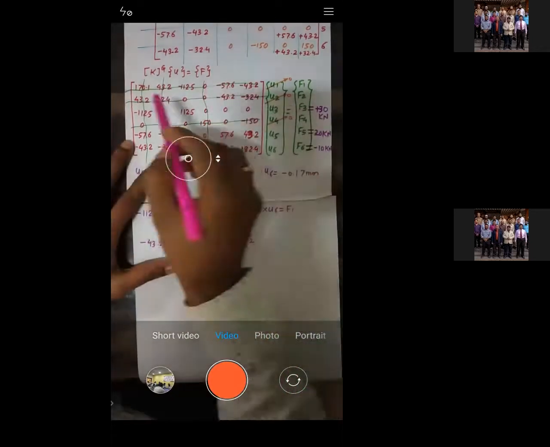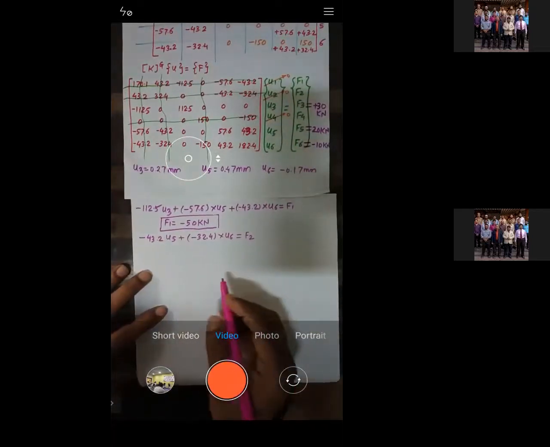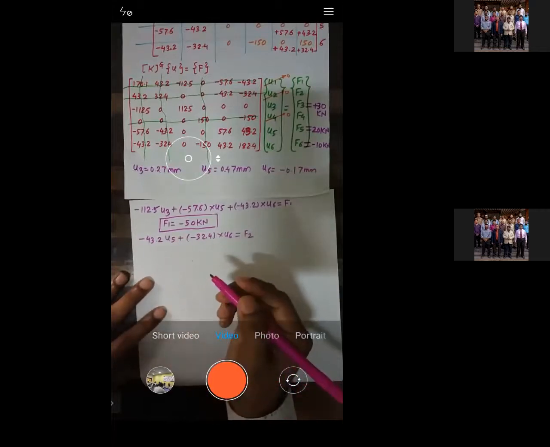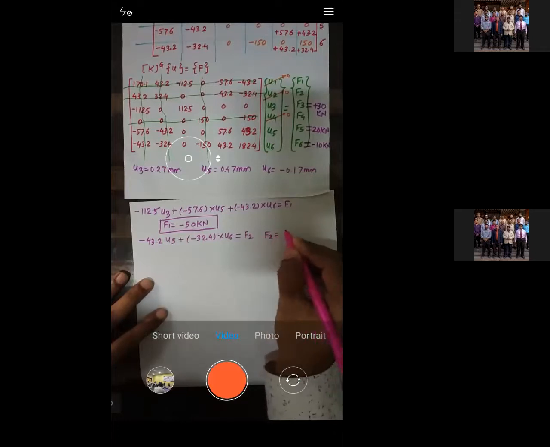When you put the values of U5 and U6 in this equation, you will get the value of F2 equal to minus 15 kilonewton.